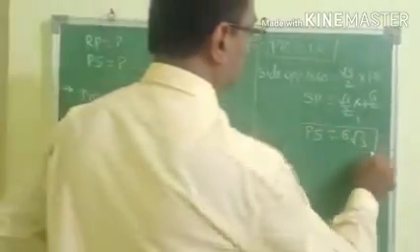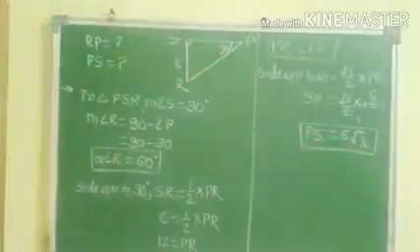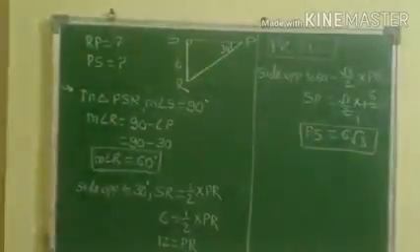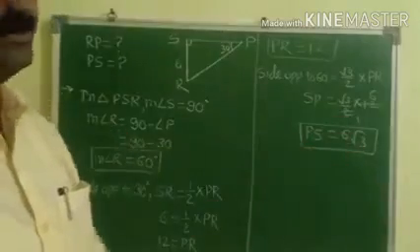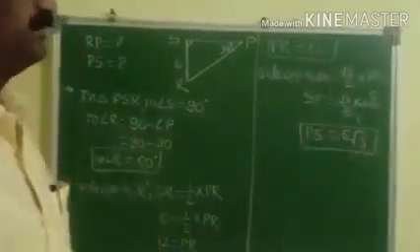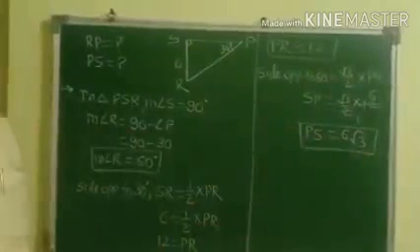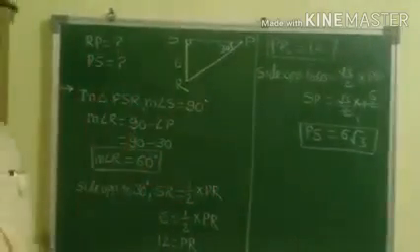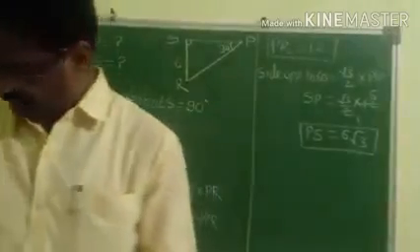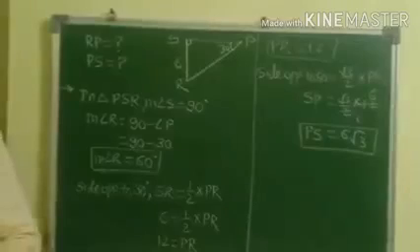So PS is equal to 6 root 3 units. If the value of root 3 is given, then substitute that value and take the product. In this manner, just using the 30-60-90 triangle theorem, we can find the length of PS. The remaining problems we will see in the next period.